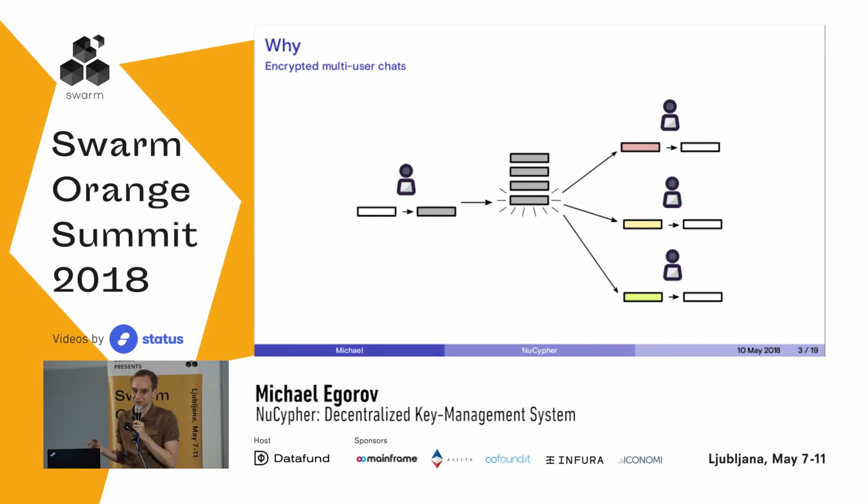If you want to be able to revoke access to your chat, you would need to change your symmetric key with every message. With traditional cryptography, you would need to overwrite your symmetric key encrypted with the public key of every recipient every time, which is again not optimal, not scalable.